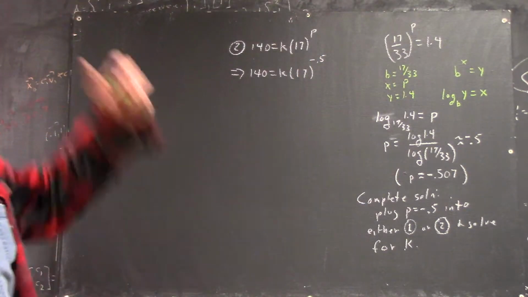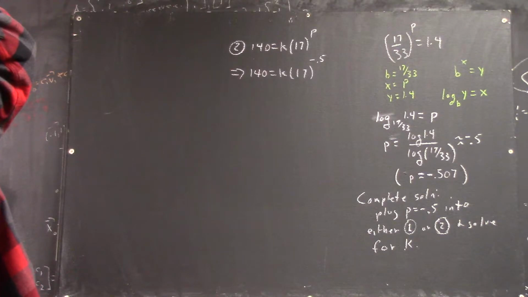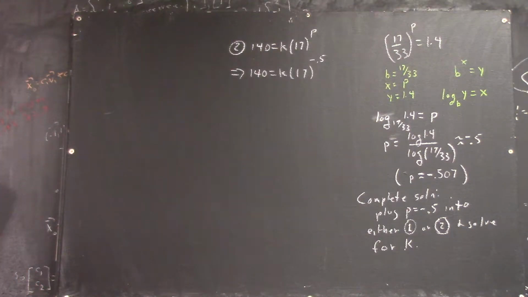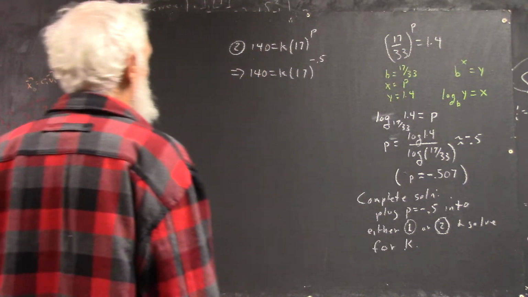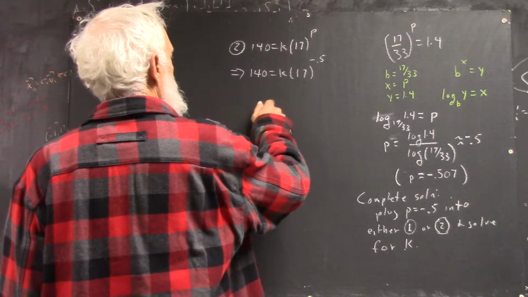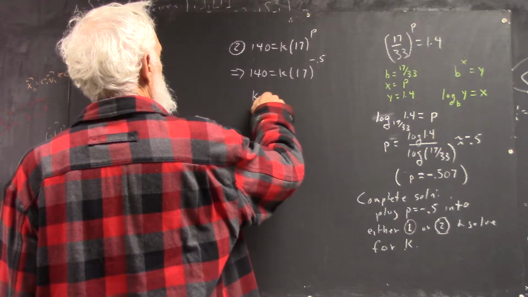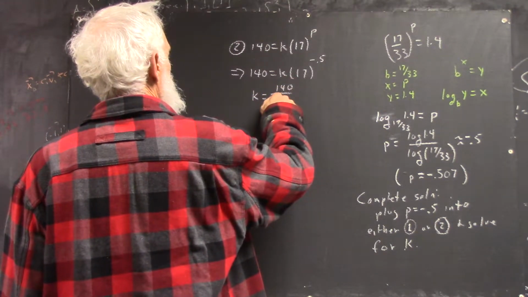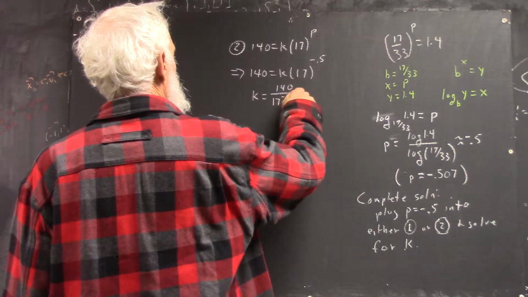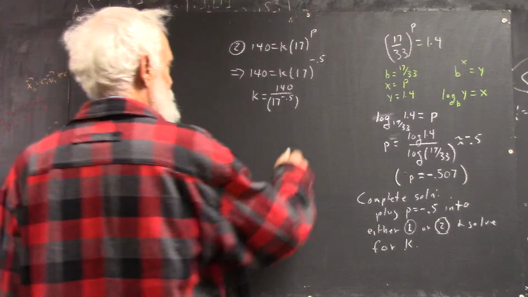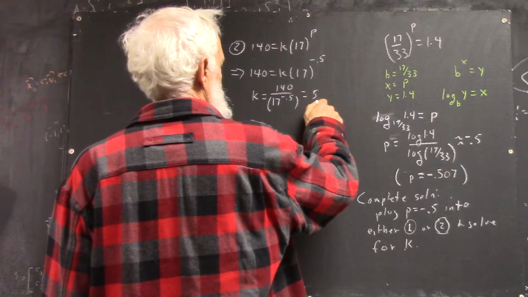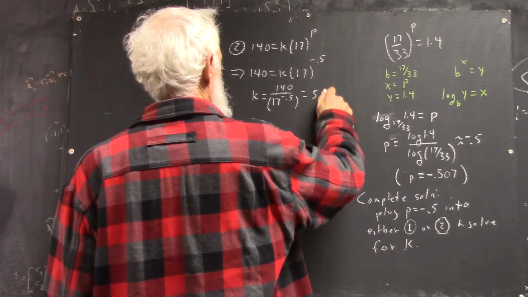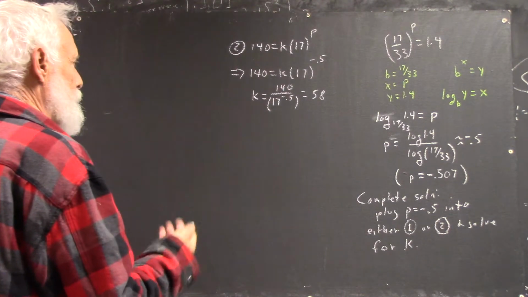Now it's 17 to the negative 0.5. Okay? Now 17 to the 0.5 is about 0.41, and so it's going to be like 0.2, I'm going to say 24. But actually, since I'm dividing by 17 to the negative 0.5, I can multiply by this, and I'm going to get like 58, except I've got to have the right decimal.